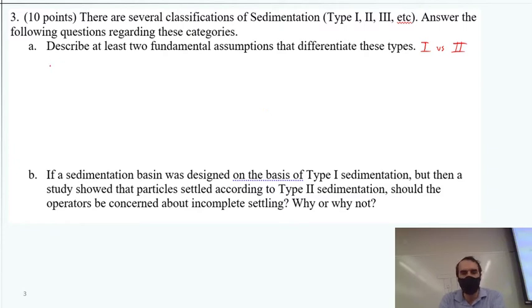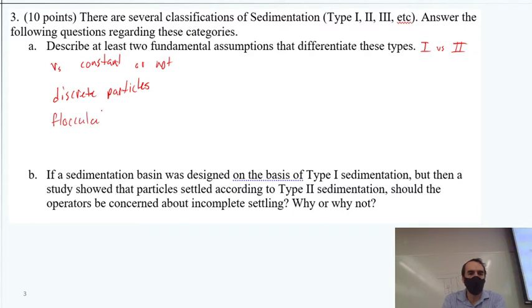So it could have been anything like the settling velocity of particles, whether that's constant or not, whether or not you had discrete particles, whether flocculation was occurring during the process or not, and those are all dealing with 1 and 2 primarily.